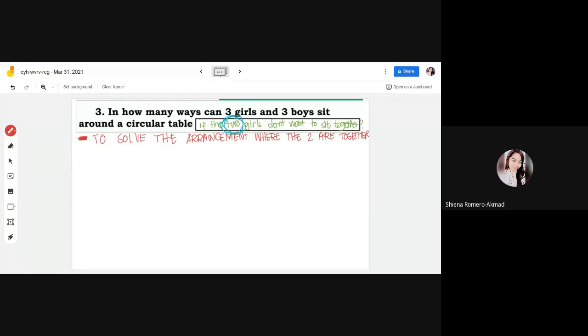So wait lang kasi nag-ano na sila ng attendance. Luna, pabilang nga po muna ako kung ilan yung girls and boys, please.